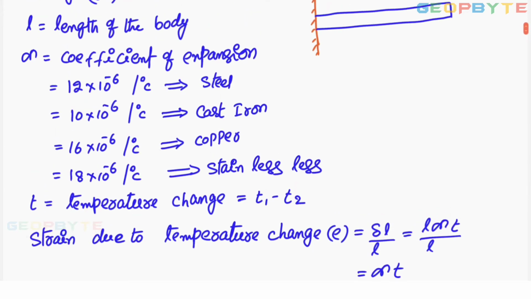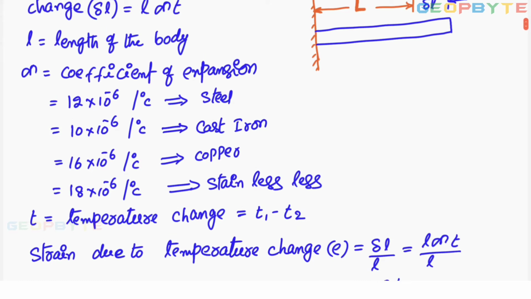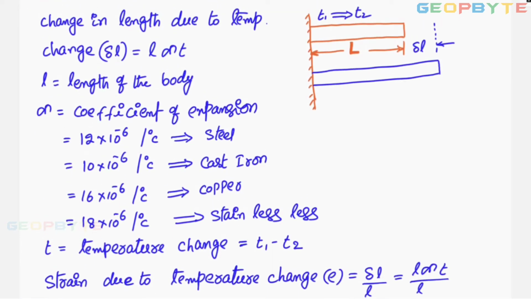Remember, as long as the body is freely extending or contracting, no stresses are developed in the body. But when I restrict the body expansion while the temperature of the body is changing, then only some stresses are developed in the body.